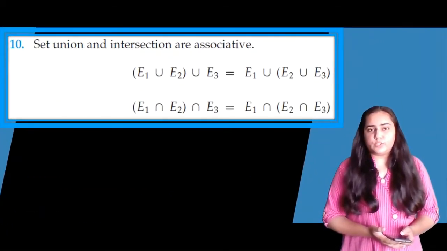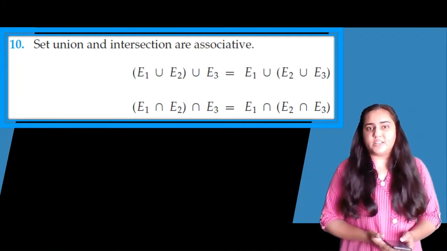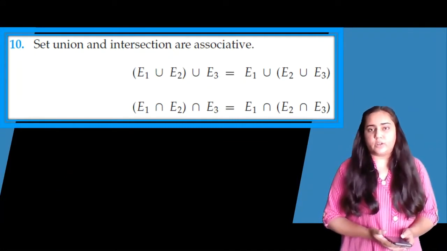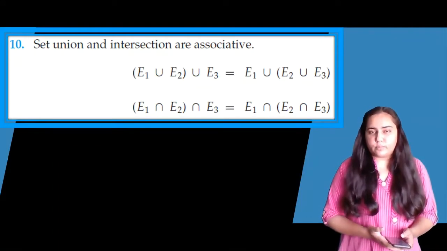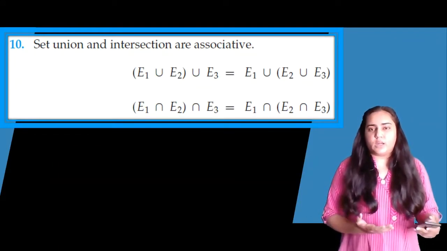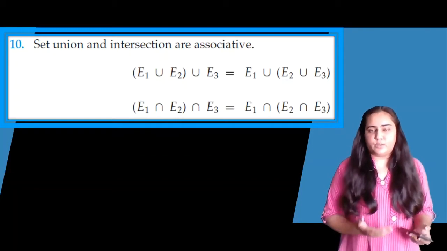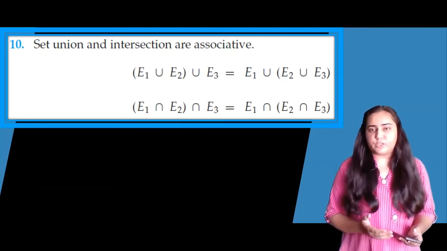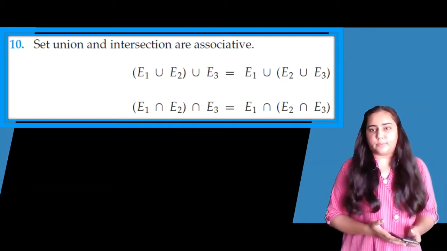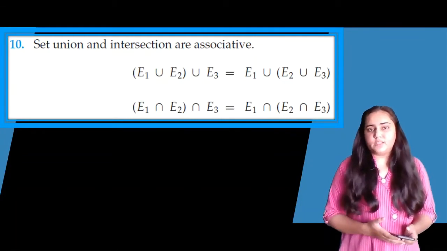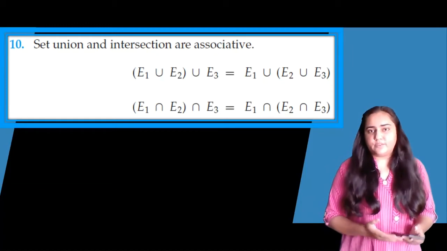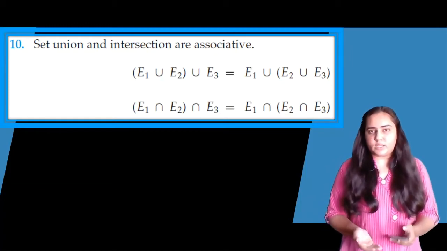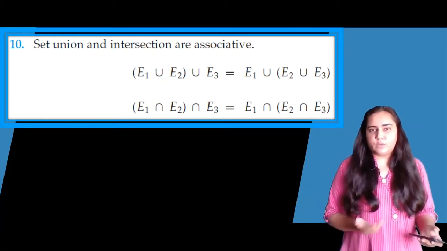The next rule, which is rule number 10, is that union and intersection are associative. Associativity, once again, I'd like to remind you, involves the placement of brackets, which allows us to decide which operation happens first and which operation happens next. So in this case, first we are going to see union. I have 3 tables, E1, E2, and E3, and I'm taking a union between them.